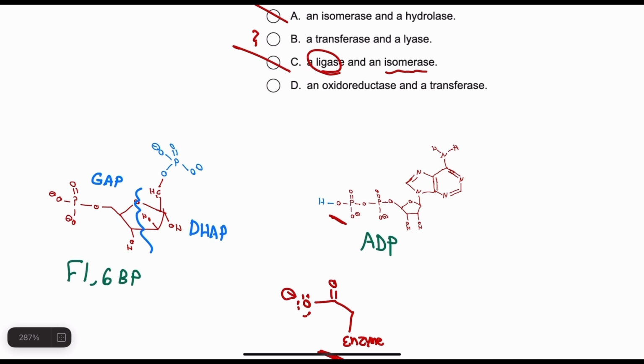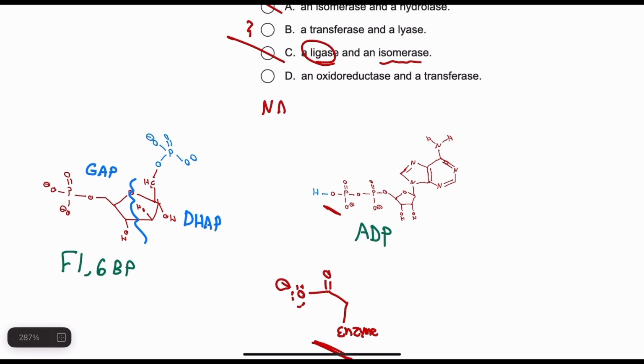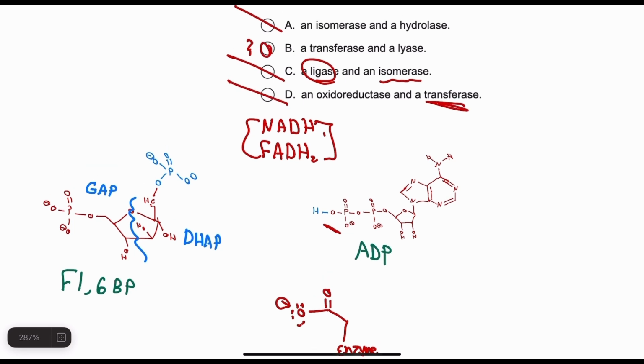And usually, not 100% of the time, you have NADH or FADH2 involved as cofactors. So if you don't see cofactors in the reaction, there's a really high chance that it's not an oxidation reduction. So we can mark off D, and also we know that the second one is not a transferase. So the answer for this question, confidently, is going to be B.